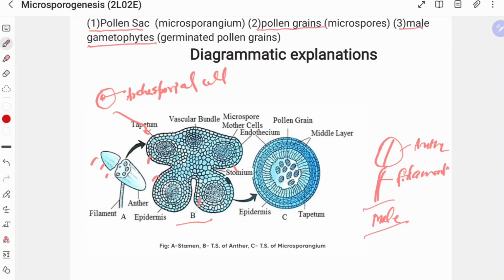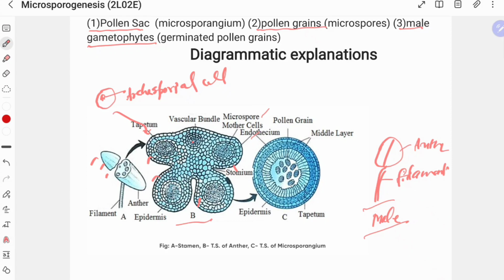Here it's clear: the vascular bundles, then tapetum cells, endothecium, and the microspore mother cells. These are the cells which are formed from a single archesporial cell.